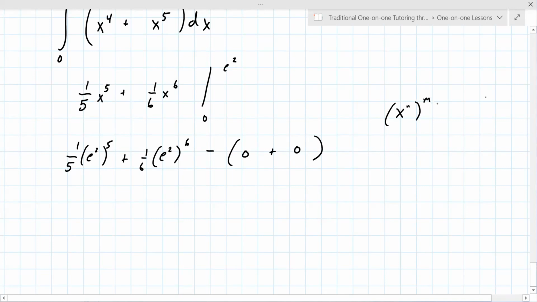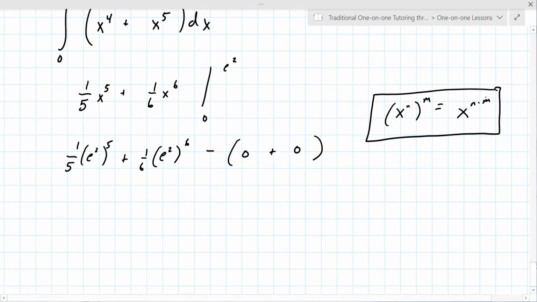If you can't tell, that's what's happening here. When it's an exponent to an exponent, you multiply. So it's a review of all those exponent rules that you've seen in the past. So it's 1/5 e to the 10th plus e to the 12th over 6.